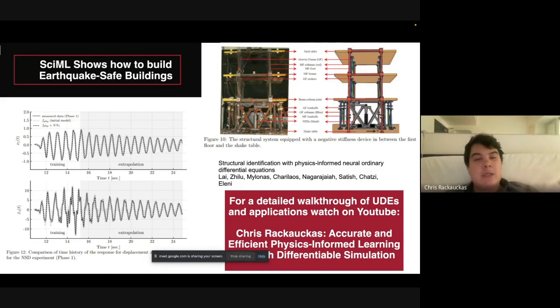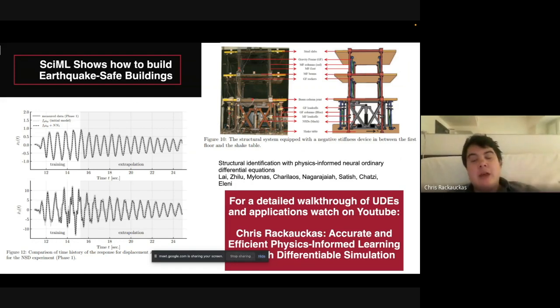A case that we found in the literature that is a very nice demonstration of why this is interesting is the structural identification for earthquake-safe buildings. Essentially, this team took data from fake toy building model simulations, and they first built a model of their system, which gives the results that are the dotted lines. If you look closely, the dotted lines don't quite extrapolate well, so they knew that their model was not quite correct, but they were able to augment it with the neural network, and this improved the extrapolation properties.